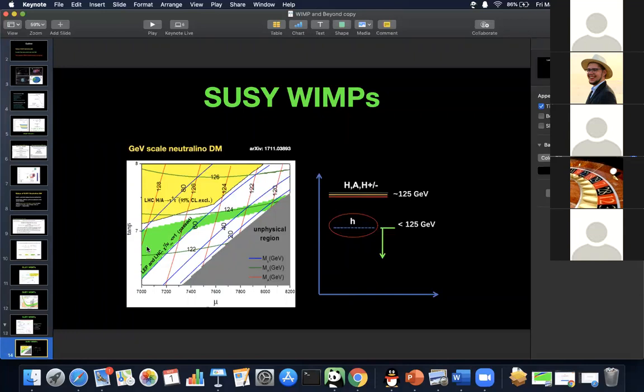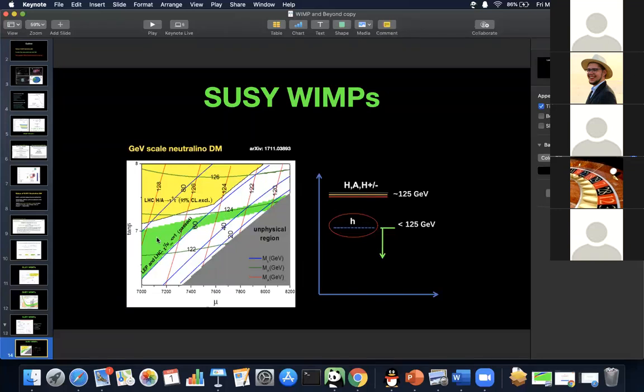This plot is based on our scan in 2017. But as we know, the LHC collected more data on the Higgs coupling measurements and other measurements, so I'm not very sure whether this range can still exist in light of the current data.